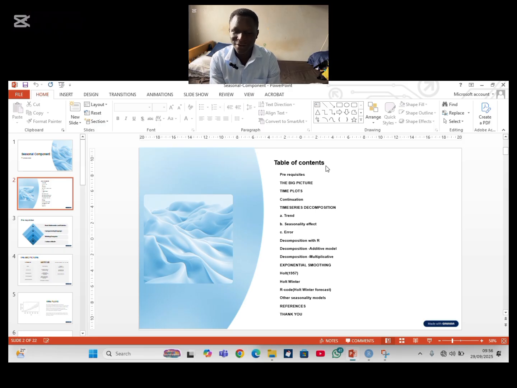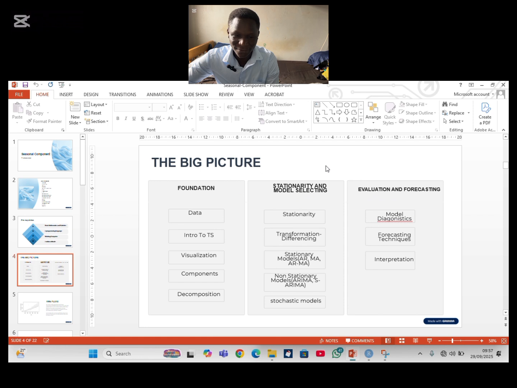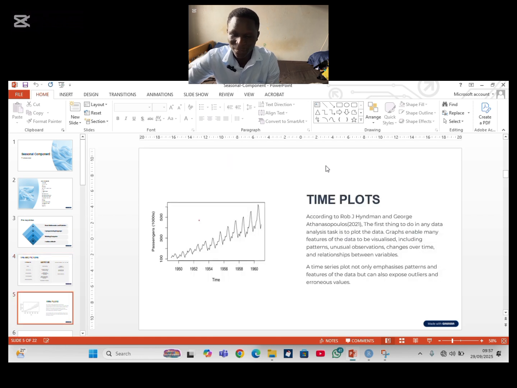On Math in Motion, if you have been following, my colleague has discussed the trend component, and I'm here to discuss the seasonality component. Now, the question is, what is the seasonality component?